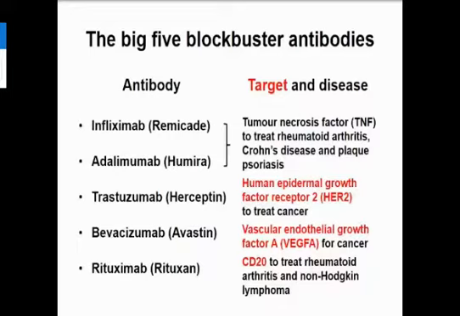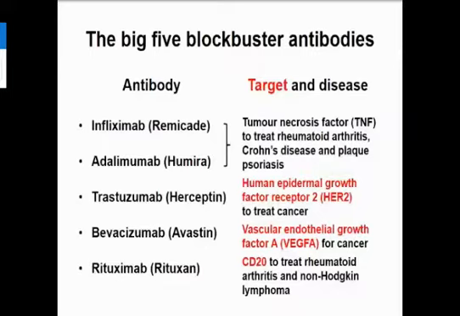So the ones in red are the ones I'm going to focus on. They just happen to target different cancers. But I'll just briefly mention these 2, so Remicade and Humira. These are both antibodies that target tumour necrosis factor. So tumour necrosis factor is very important in inflammation, in the immune response, in driving inflammatory diseases like rheumatoid arthritis, where we get attack of our joints, Crohn's disease, which is an inflammatory bowel disease, and plaque psoriasis.